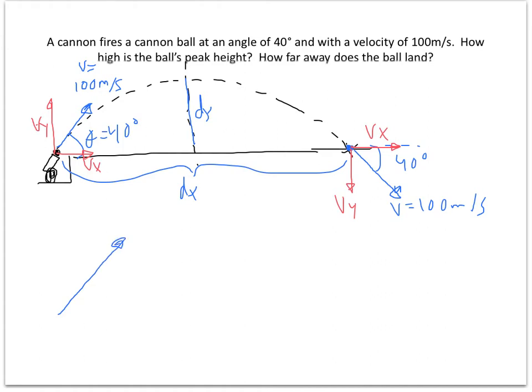We have a velocity of 100 meters per second, and that is at an angle of 40 degrees. Now if I draw a vertical line and a horizontal line from that, we're using the parallelogram rule of vectors. I can draw an x component and I can draw a y component.